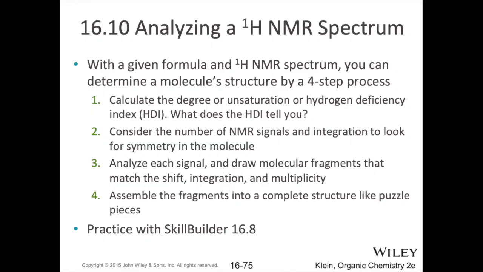Now, then you want to think about the number of signals you see in your NMR, and that'll tell you a little bit about the number of environments you have, or how many protons might be similar. Of course the integrals will tell you the number of protons that are similar, but basically you want to think about how many sets of signals you expect to see, how many sets of protons are going to be in symmetrical environments. That kind of gives you a feel for the symmetry of the molecule in general.